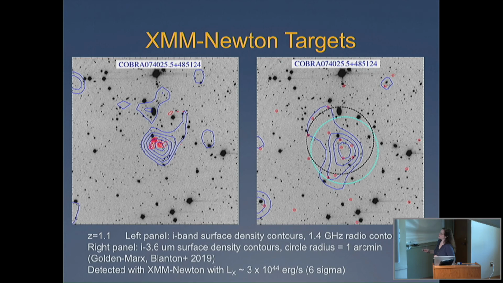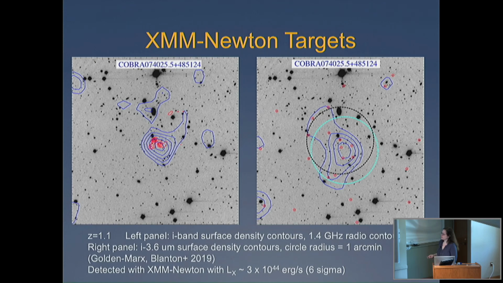So these are surface density contours based on I minus 3.6 color. The black line is centered on the radio source, and the cyan circle is centered on the peak of the distribution.